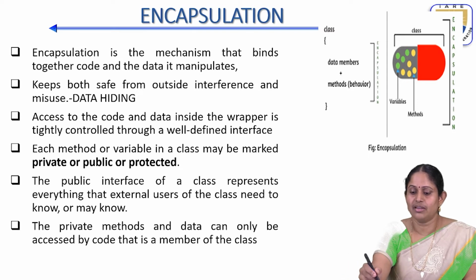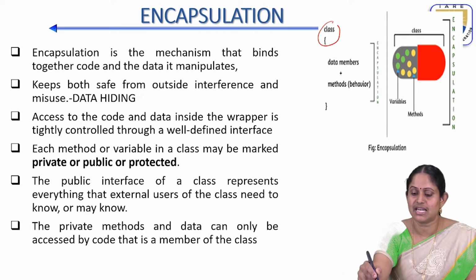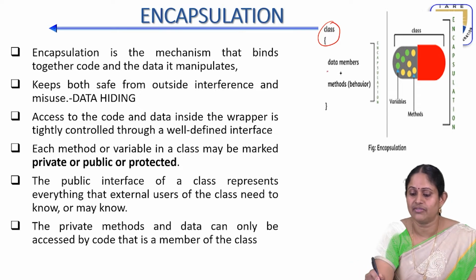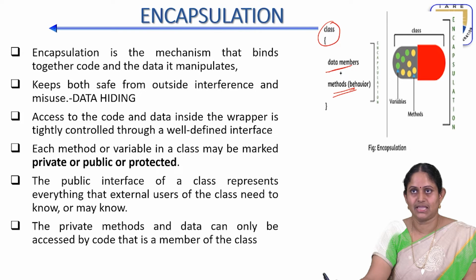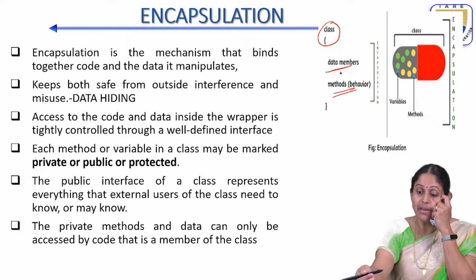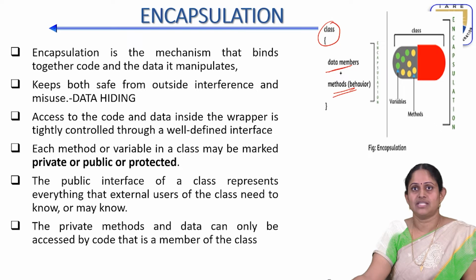Here also, this class is encapsulating, or bringing together, the various data members and the methods together. And because of the use of access specifiers, the data can be protected. These members can be protected from outside interference.